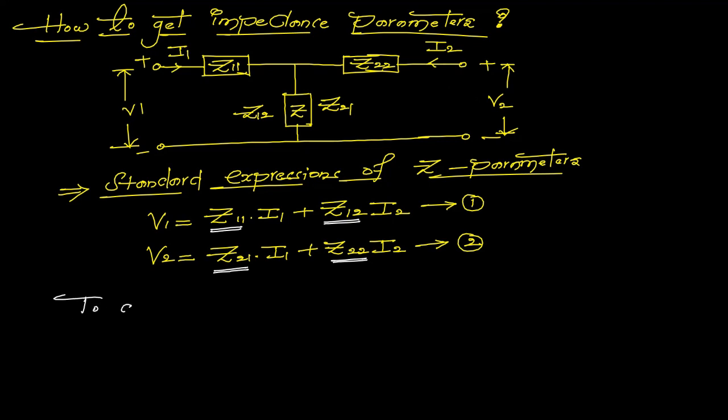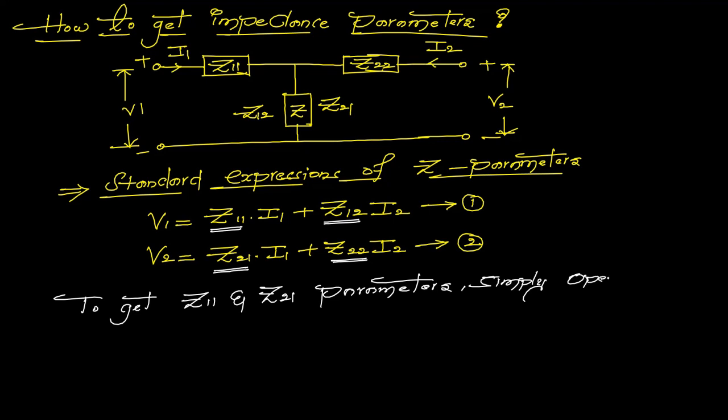So to get Z11 and Z21 parameters, simply open circuit port 2.